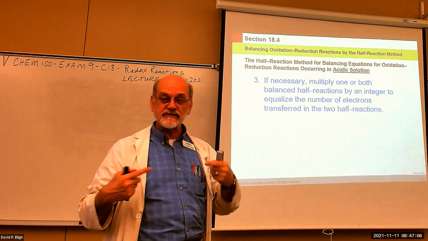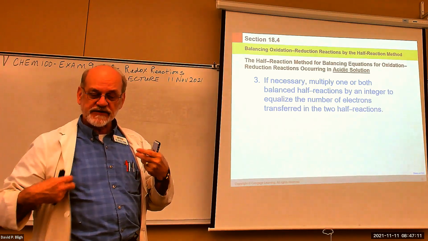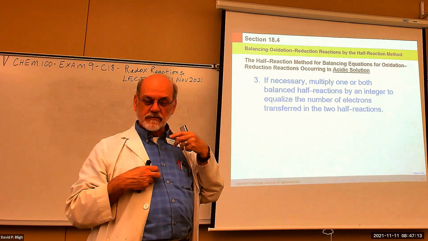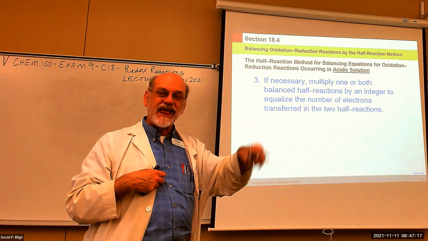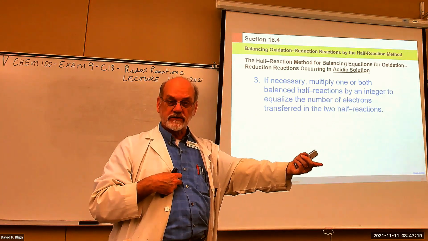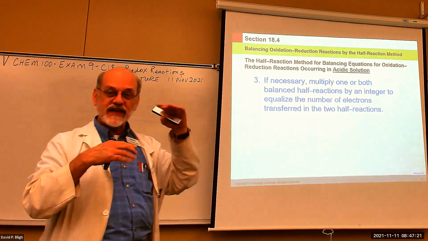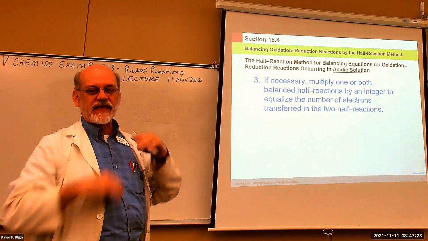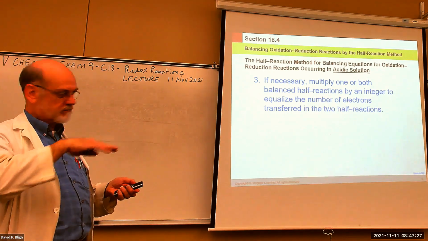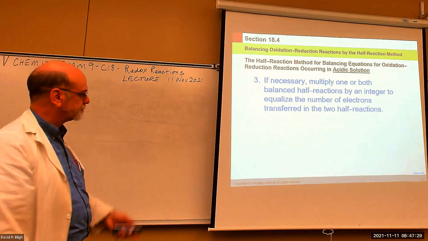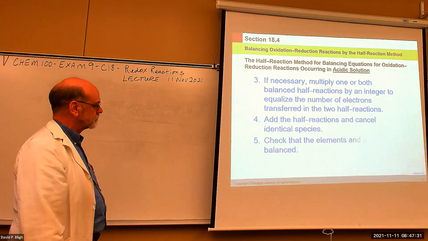Right? That satisfies the condition that the same number of electrons that were the product of oxidation were supplied now for reduction. Okay. Once that's done, then you can add the equations back together. Now I'm going to show you an example and call out all these rules as we go.